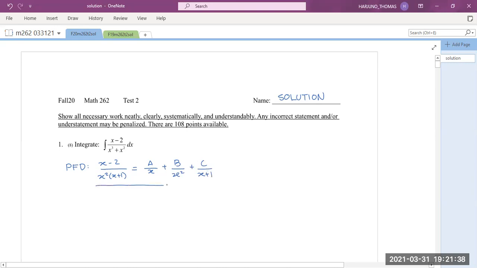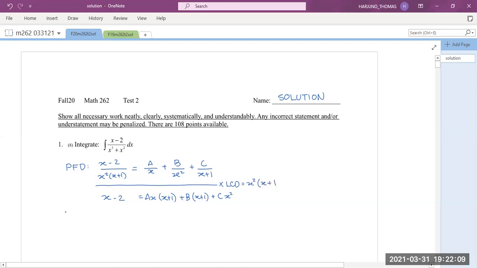Multiply by the LCD. So we get x minus 2 equals ax times x plus 1 plus b times x plus 1 plus c times x squared. And the LCD is x squared times x plus 1.